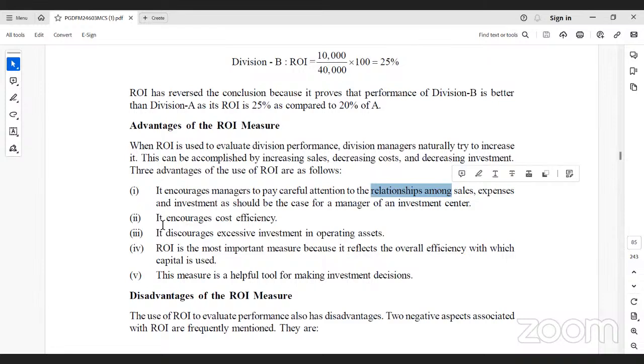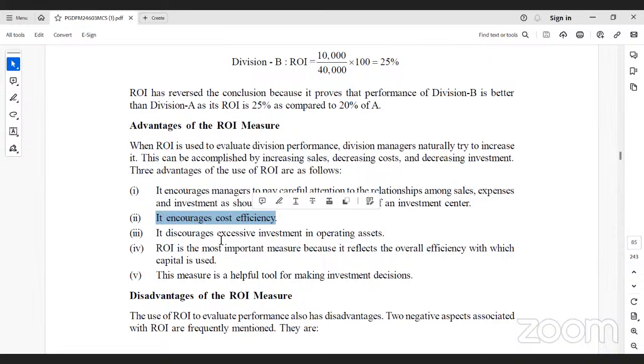It encourages cost efficiency: if the manager focuses on cost control, naturally the profit may increase, and ROI also increases. It discourages excess investment in operating assets, so the investment center will invest the correct, proportional amount in each asset.